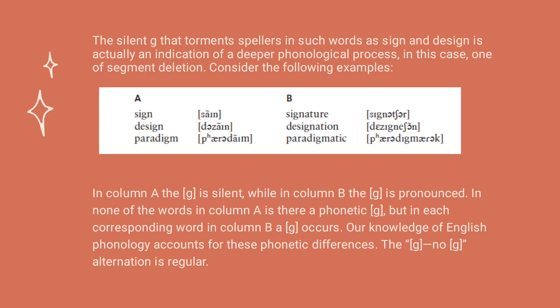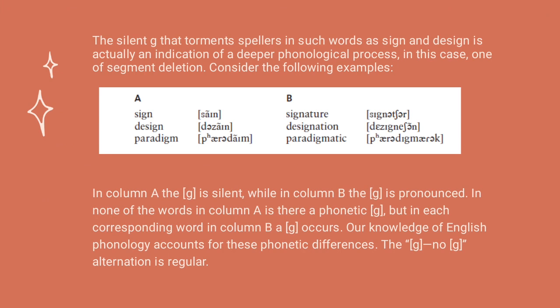When we spell sign, it is like this, s-i-g-n. But when we pronounce it, we silence the g. But when it comes to part B, in the spelling and pronunciation, we use the g.